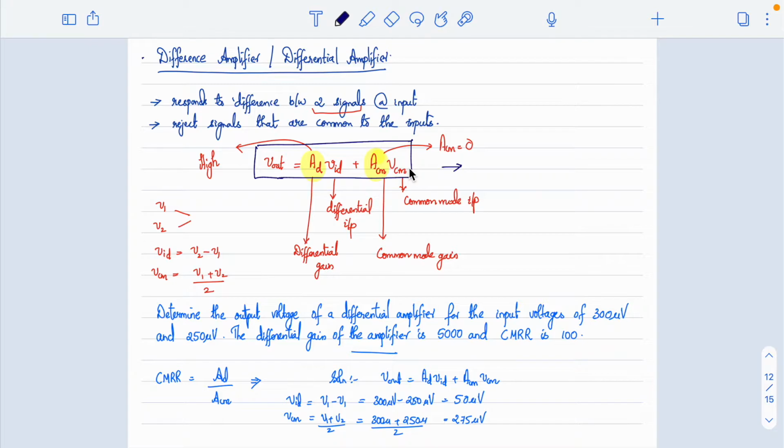Common mode gain equal to 0 will help in cancelling out all the noise and other disturbances which most of the time appear common to the input signals, and the differential gain should be high enough so that the differential input available at the input terminals can be amplified. Alright, so this is how we define the characteristic equation of this differential amplifier.